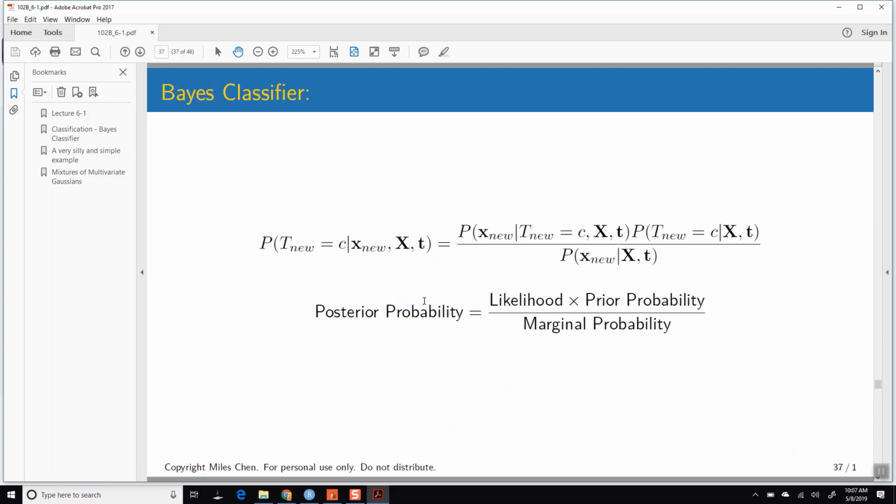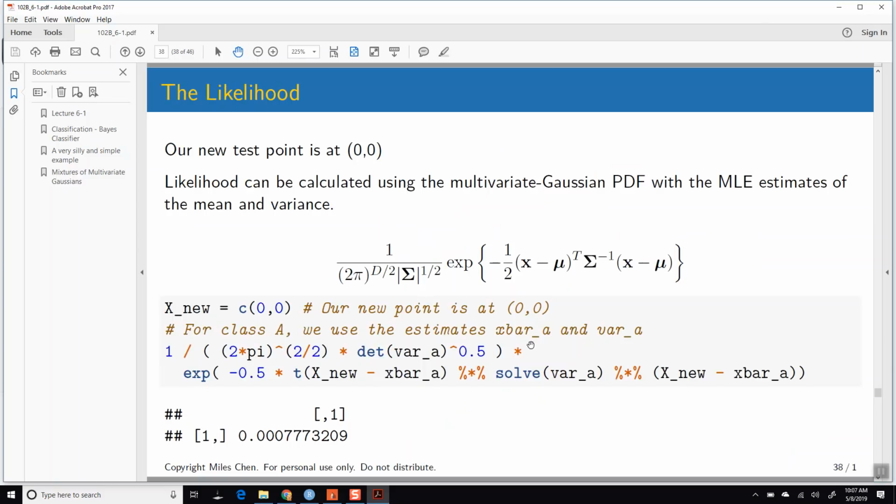To do this, we can punch in 0, 0 and put it into the multivariate Gaussian PDF, which is 1 over 2 pi raised to the number of dimensions, which in our case is 2, over 2, times the determinant of your variance raised to the 1/2 power, the square root of the variance.